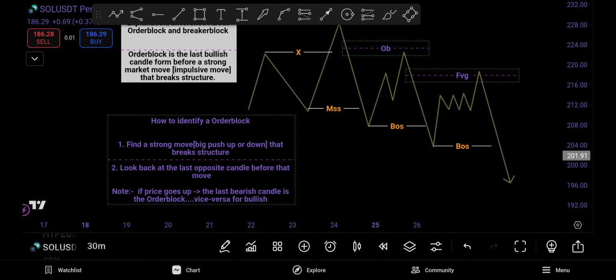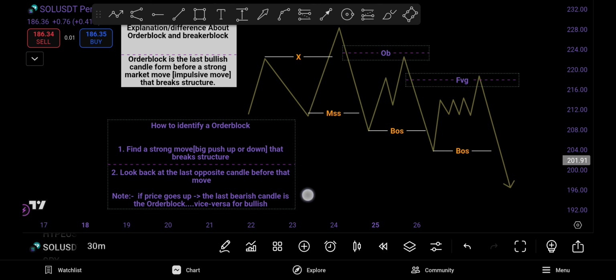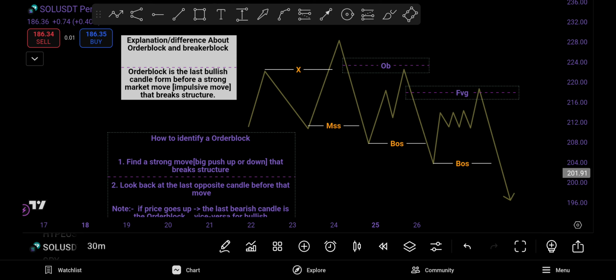Like I said, if the price goes down, the last bullish candle is our order block, and the price swept down and created a market structure shift. So that shows that this place is a valid order block, because a valid order block must have, as we all know, an imbalance or FVG, and must create a break of structure. Good. Now this is our order block.